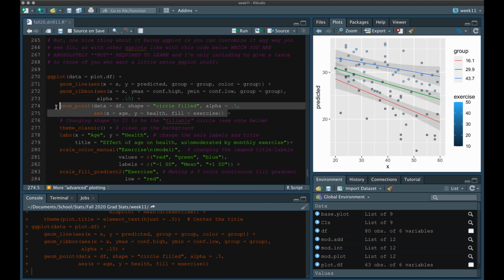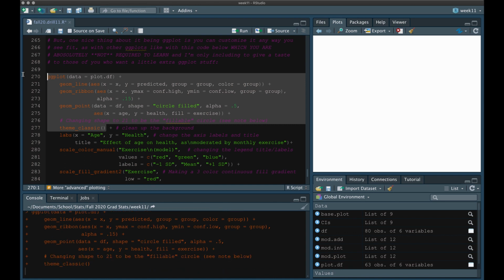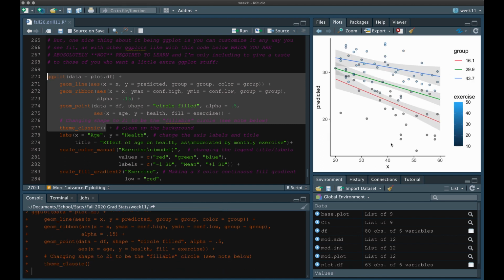So by changing my points to this filled circle, instead of the color argument, it uses the fill argument. So now I can use color to indicate the mean and plus and minus 1 standard deviation, and then use fill for the circles. Here I'm just adding theme classic, which is my default, to get the white background.